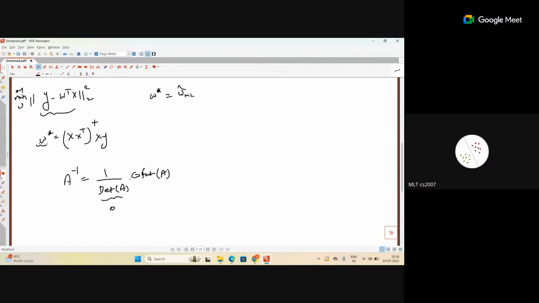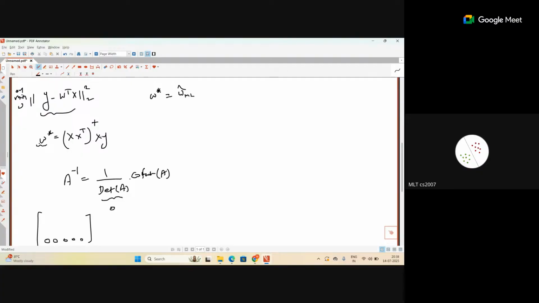So there is one method in linear algebra which is called the pseudo inverse. After row echelon form, we should get all zeros in at least one row, because it is not a full rank matrix.